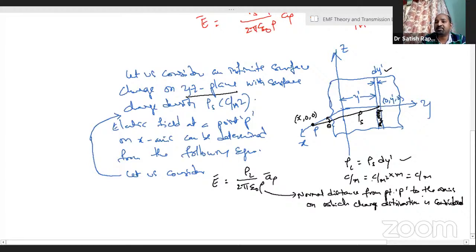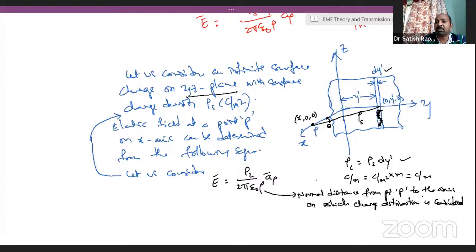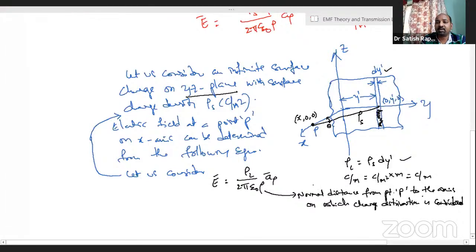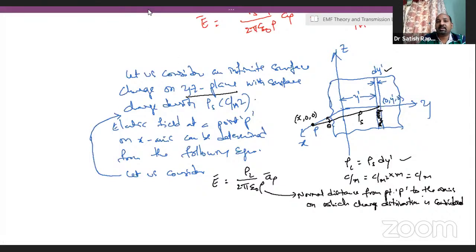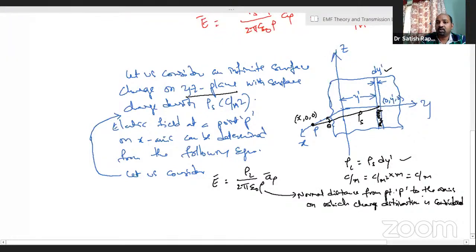Whereas here, it is the normal distance from point P to the YZ plane. We can indicate it like this. This is point P, and the surface charge is considered on the YZ plane. So what is the normal to the surface on the YZ plane? The X-axis is normal to the surface considered, whereas the Y-axis and Z-axis are parallel, in other words, they are on the surface.